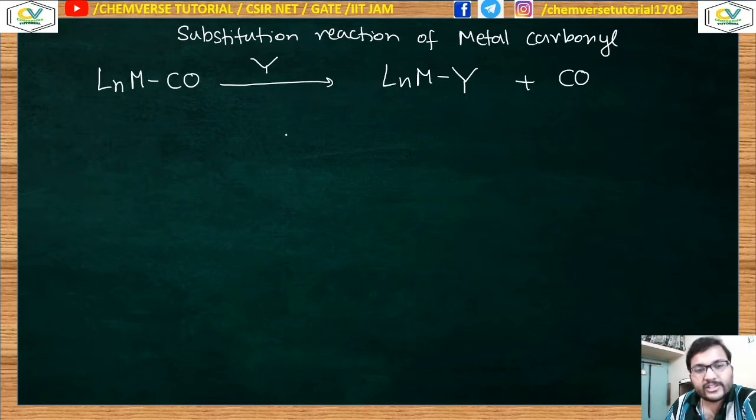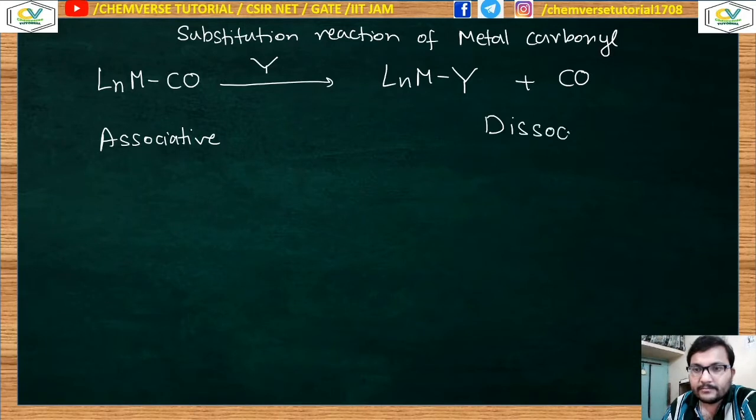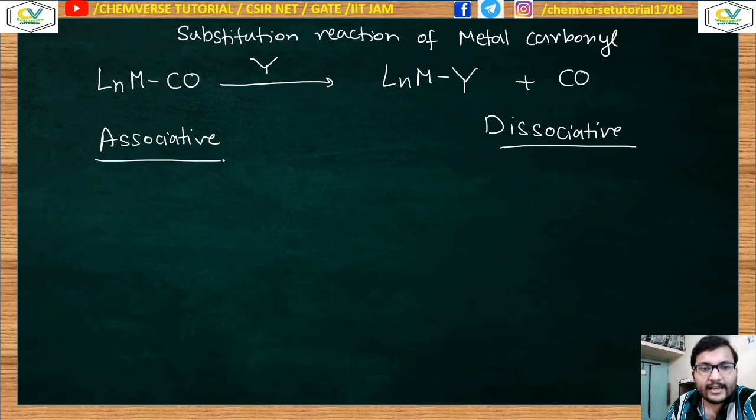Now this kind of substitution can follow 2 possible pathways. It can follow the associative pathway and the dissociative pathway. So there are 2 pathways available for this substrate.